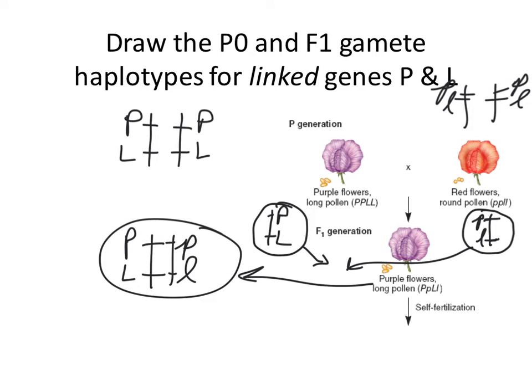So when that F1 diploid cell does meiosis, what are its gametes going to look like? What types of haplotypes does it produce, and how many of each?